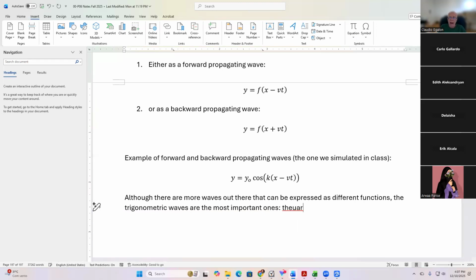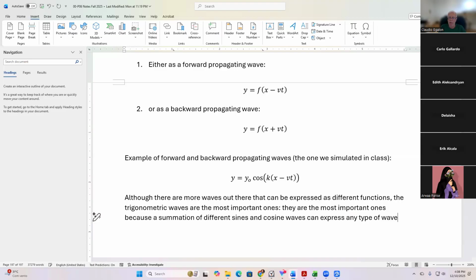They are the most important ones because a summation of different sine and cosine waves can express any type of wave.